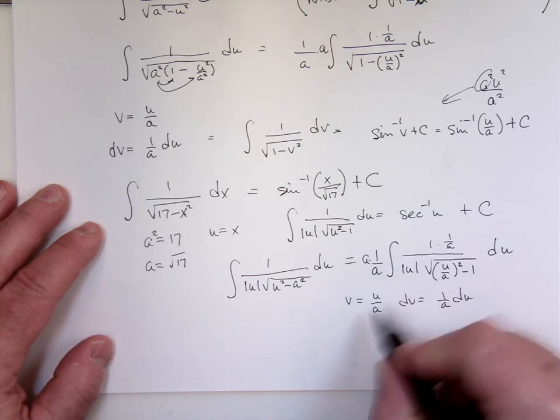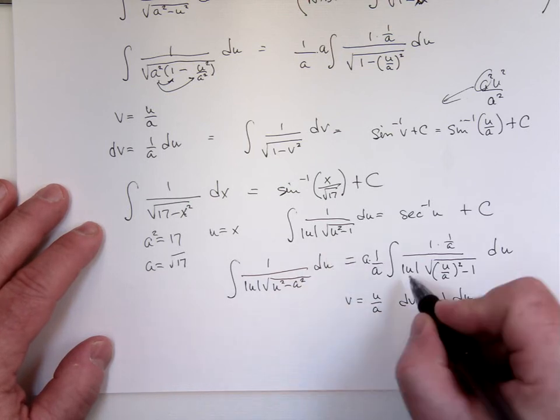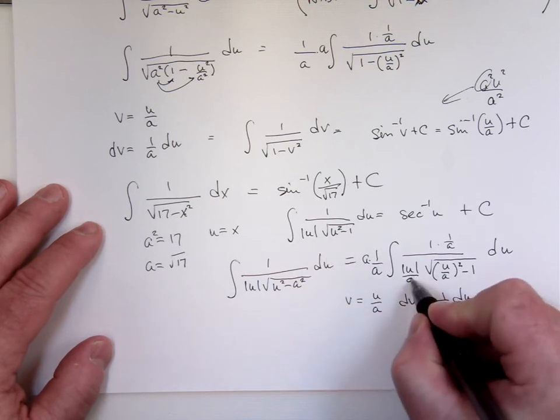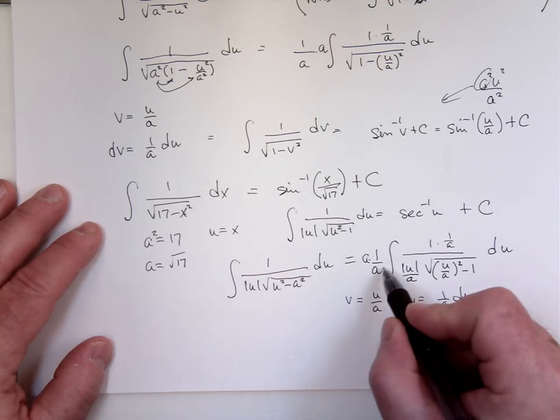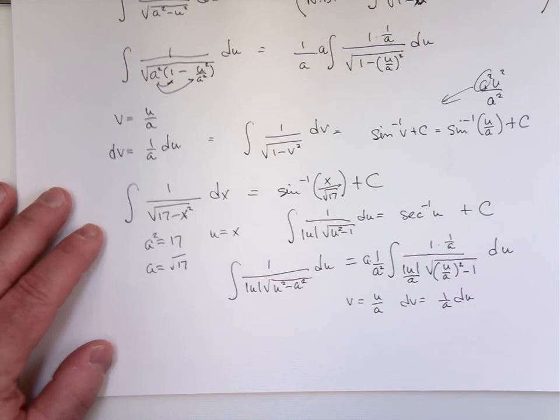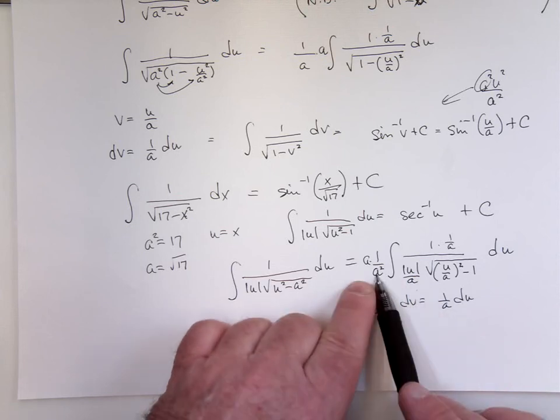So I'm going to have to divide this by a here, which means having another 1 over a, making this 1 over a squared. I'm dividing the denominator here by a, so I also have to multiply the denominator by a to compensate. So these will cancel.